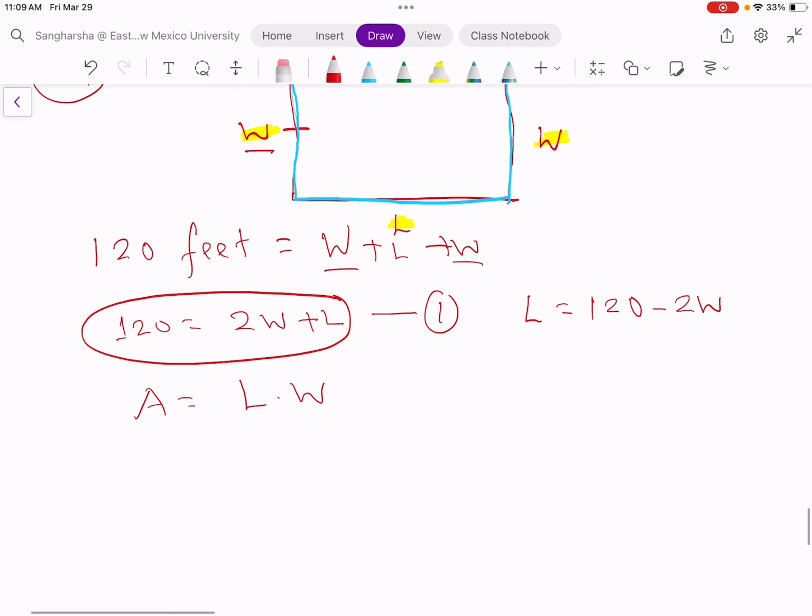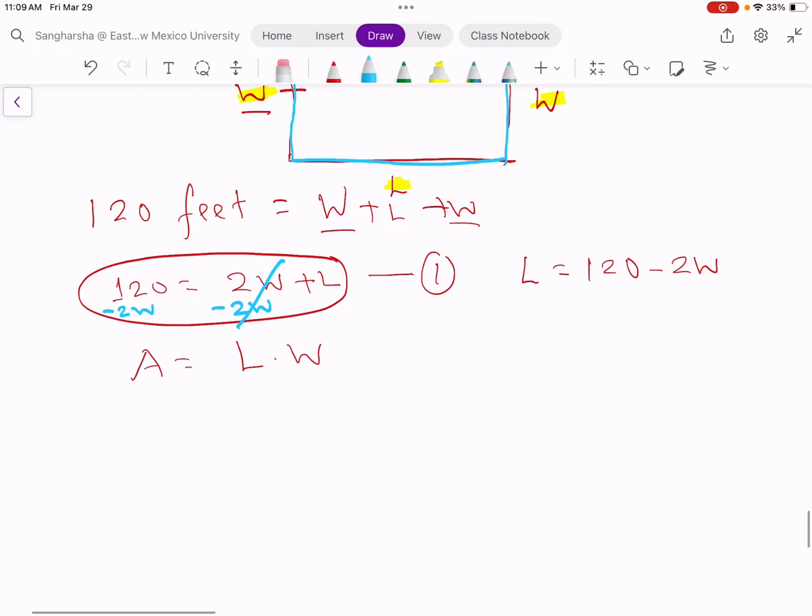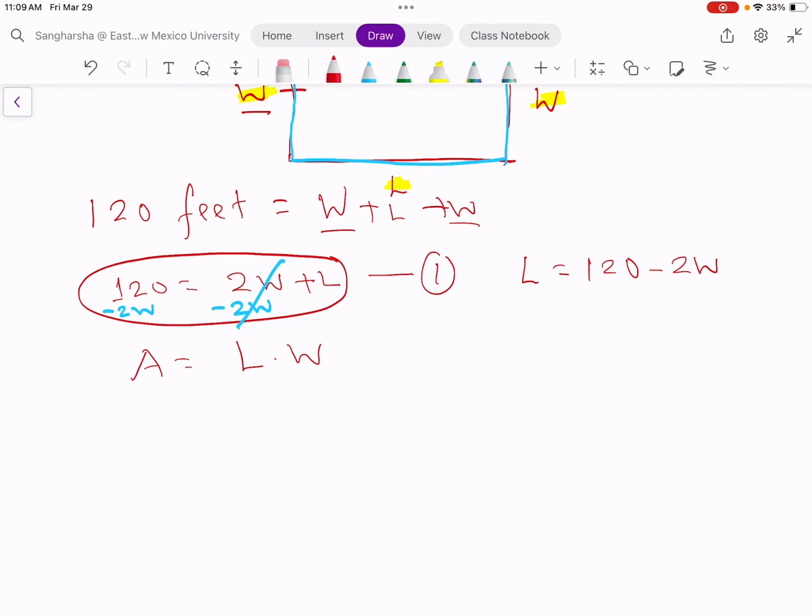If you subtract 2W on both sides, this cancels, and our L is 120 minus 2W. So let's substitute this length. Our area is 120 minus 2W times W.